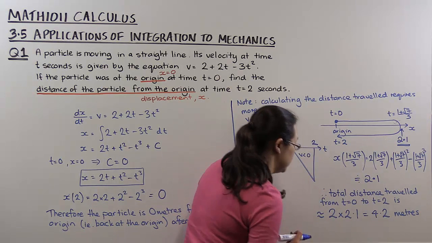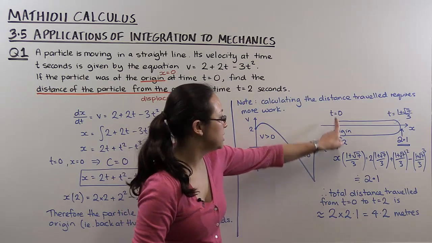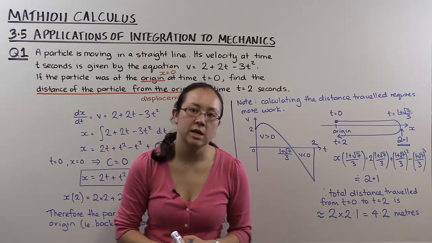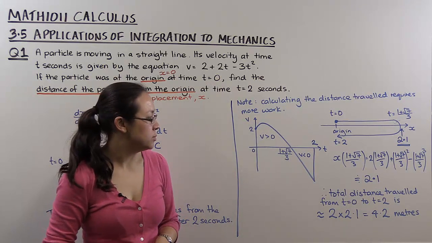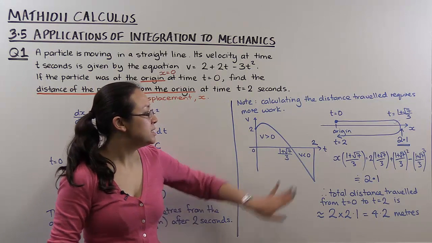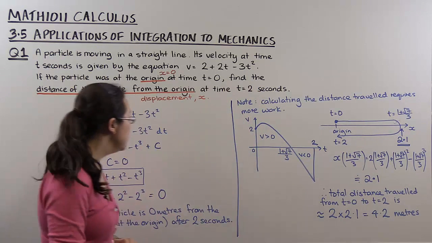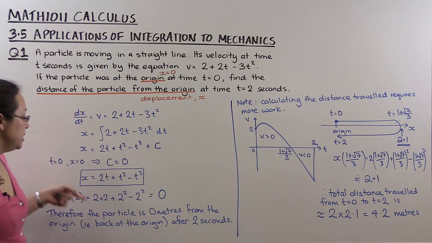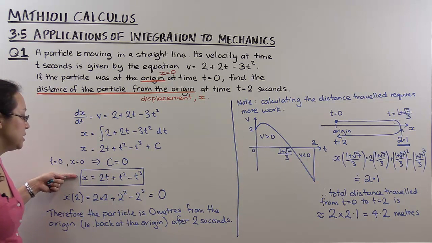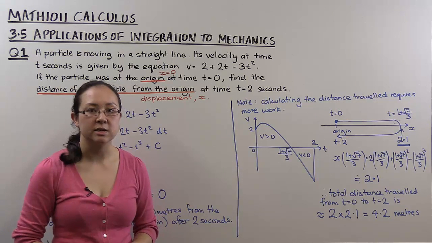So it's approximately 4.2 meters that it travelled. So that was a nice calculation just because it started at the origin and ended up at the origin there as well. So calculating distance requires us knowing the direction the particle's travelling in. Calculating the displacement, or the distance from the origin, we simply need to know the equation for the displacement, and we can substitute in the time that we need to calculate that displacement for.